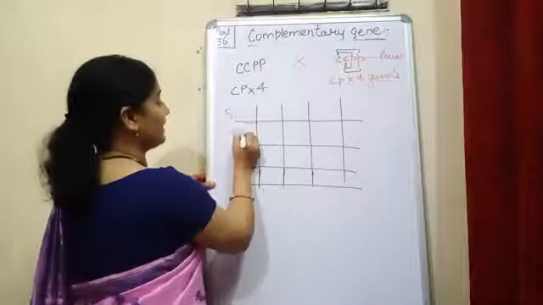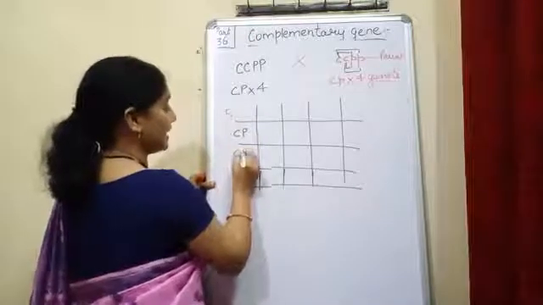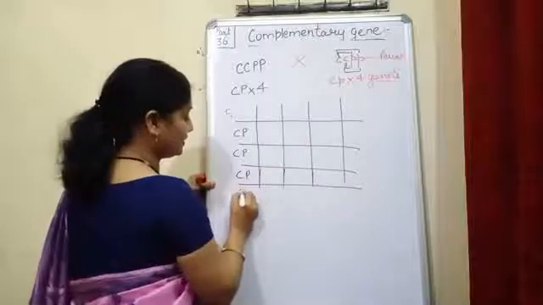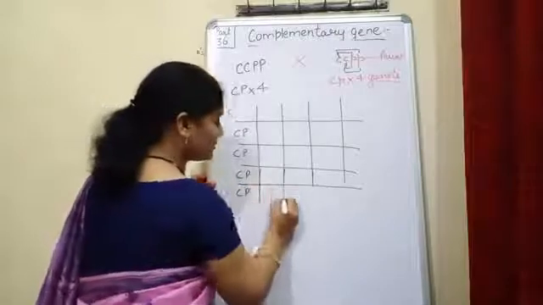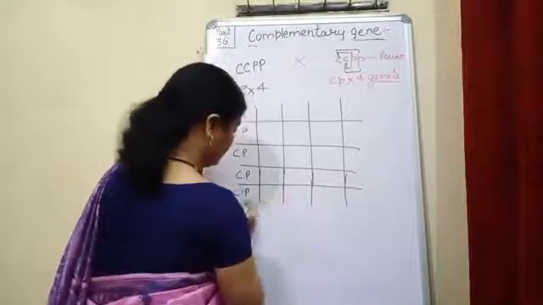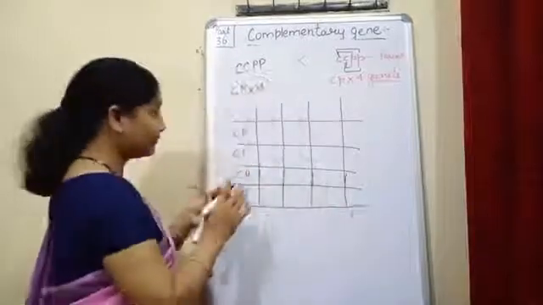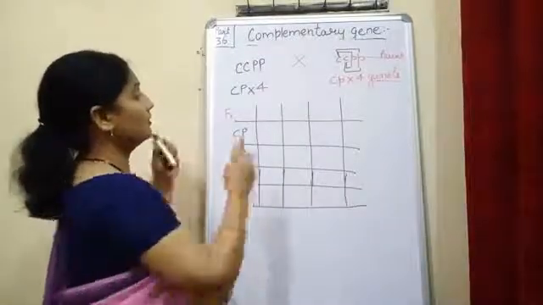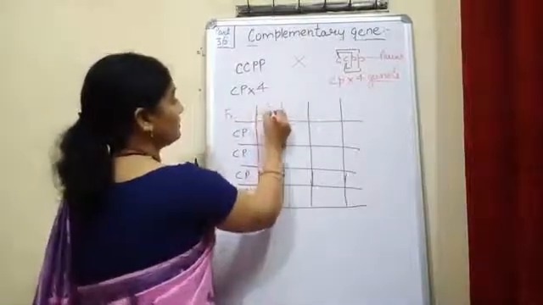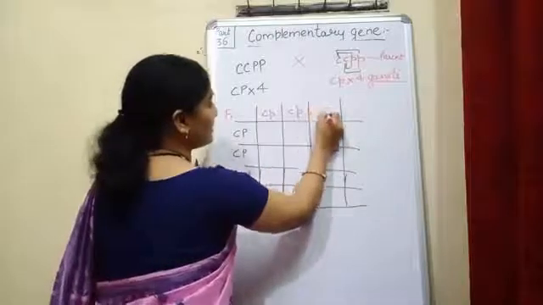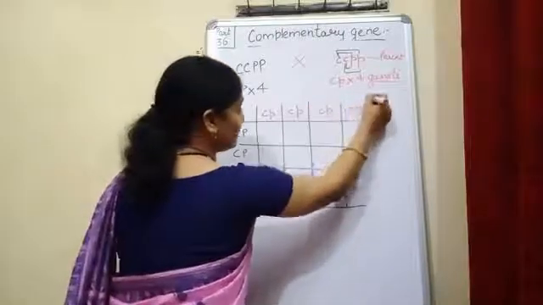See, what to write? Capital CP, capital CP, capital CP and capital CP. Okay. Then here I'll write down CP, CP, CP and CP.